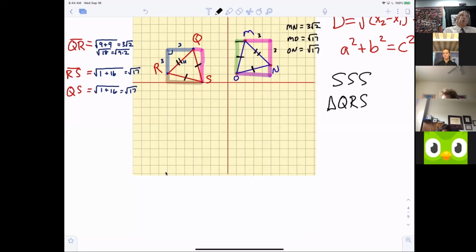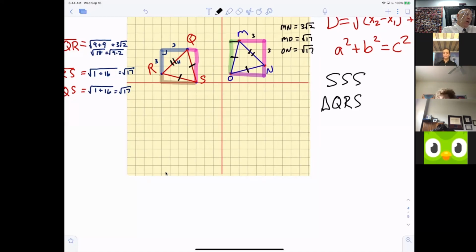Now, there could be multiple ways of writing this. Hopefully you understand what I'm saying, right? So QR, Q to R to S, it really could be MNO or MMO. Does everybody agree with that?